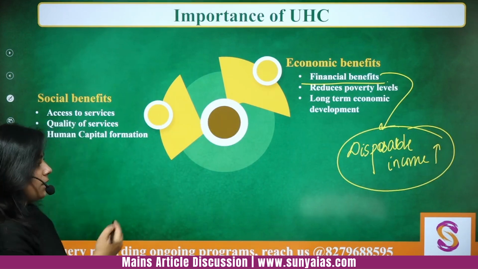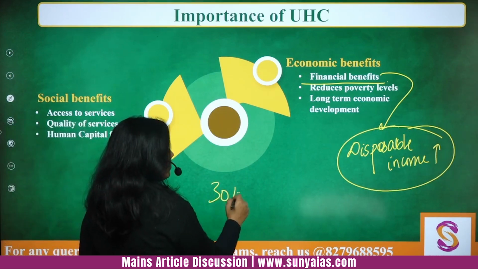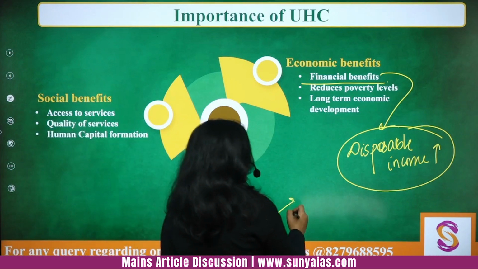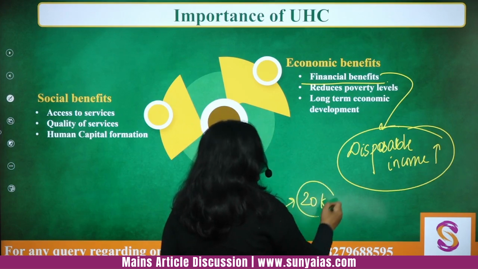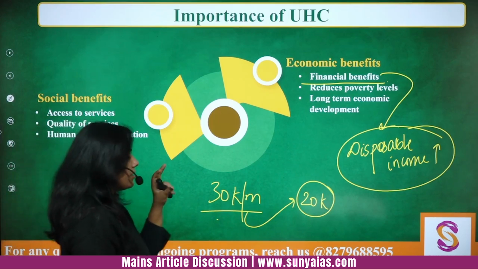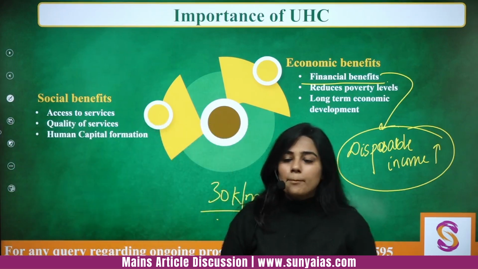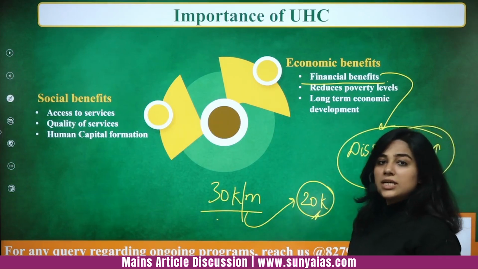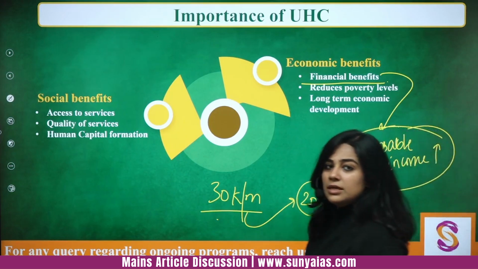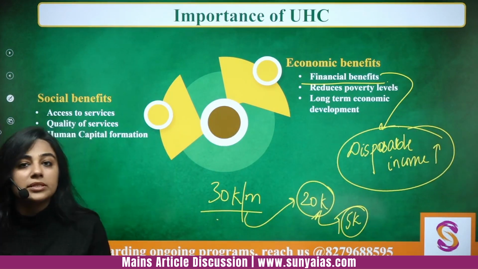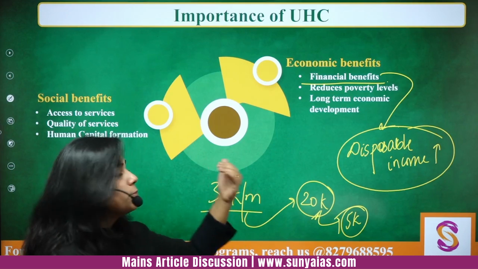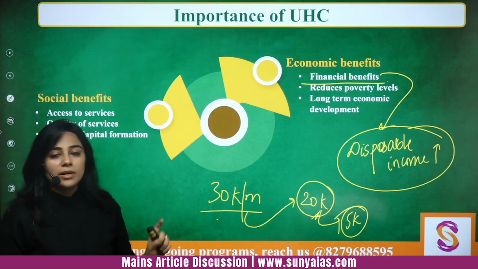If let's say a person is earning 30,000 per month, and God forbid they had to be hospitalized, and 20,000 went into the hospital expenditure because they had to be admitted, right? Then the person would not be able to spend, right? But if that admission, let's say 20,000 ka kharcha hai hospital ka, and out of that the person has to give only 5,000, then 15,000 additional is there with the person to actually spend on himself and his family, and that is how the economy booms, right? So financial benefits are there.